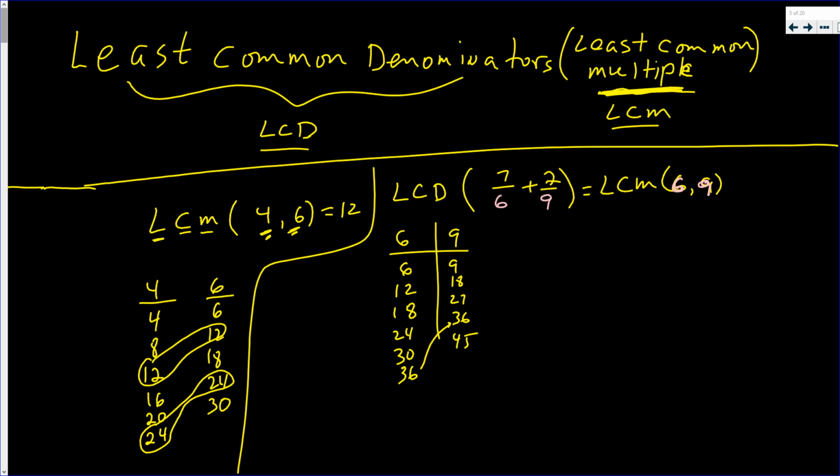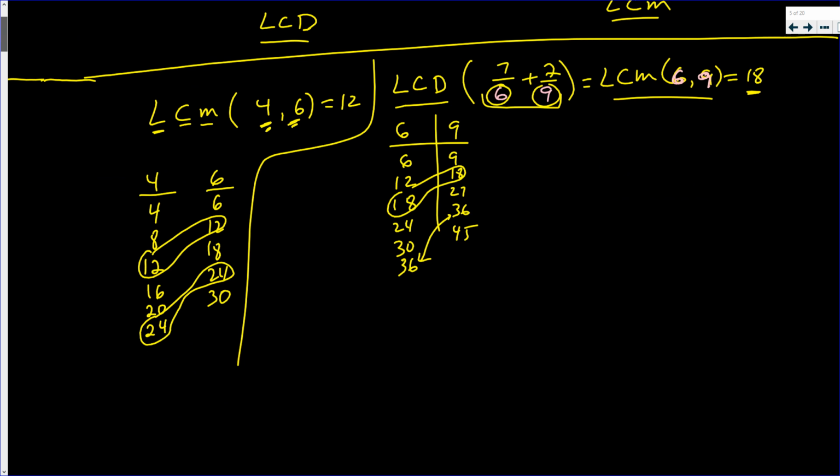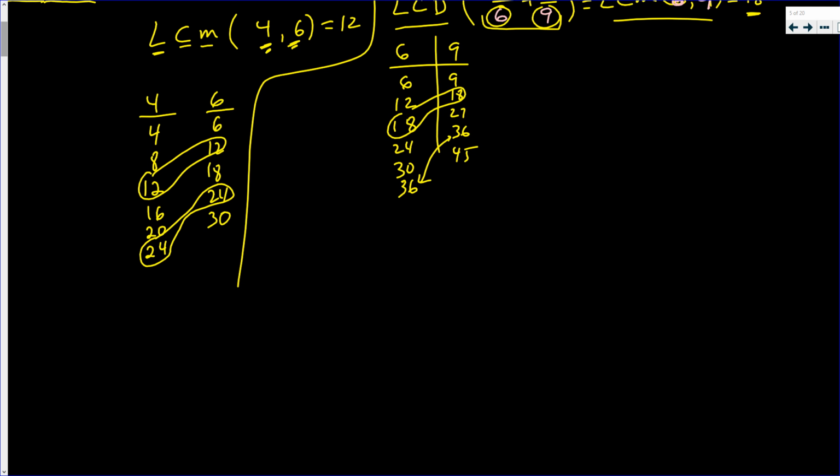I'm not going to debate that 36 is on both lists, but 18 is the smallest. So the least common denominator for this sum is going to be 18. It's exactly the same as finding the LCM of the denominators. There's absolutely no difference between the two.